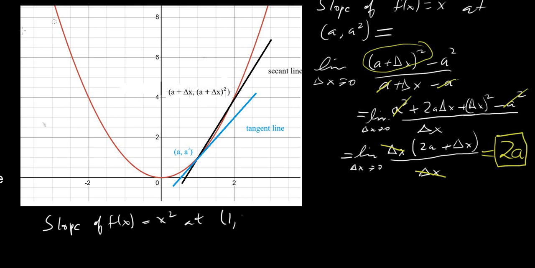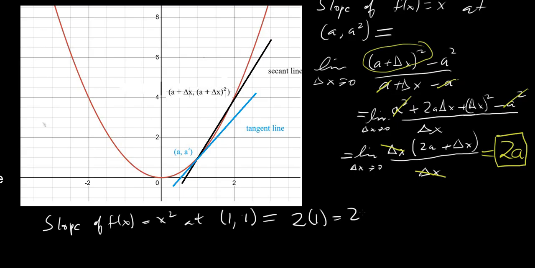We found that the slope at 1 comma 1 was 2. But according to what we just found, it should be 2 times that x coordinate, which is 2 times 1. Yeah, sure enough, that gives us 2, right?